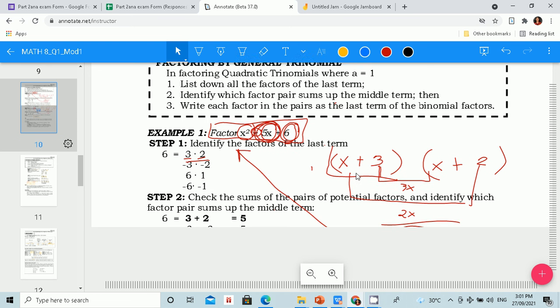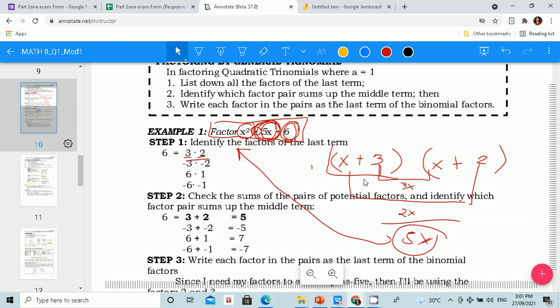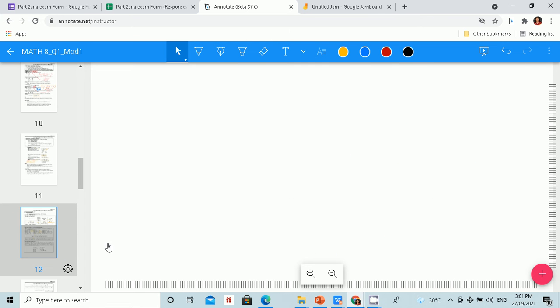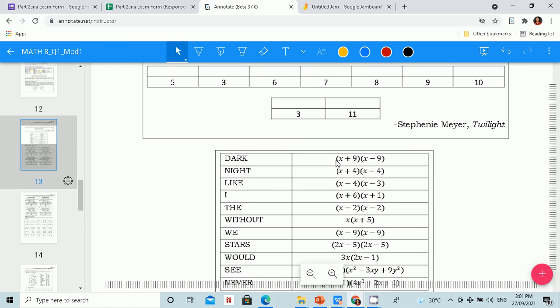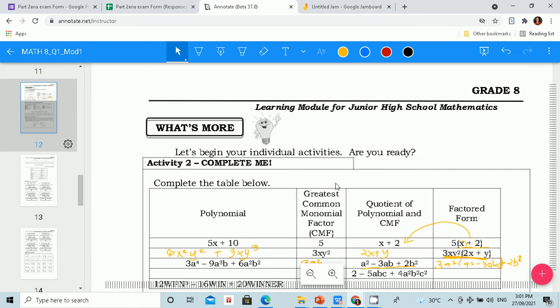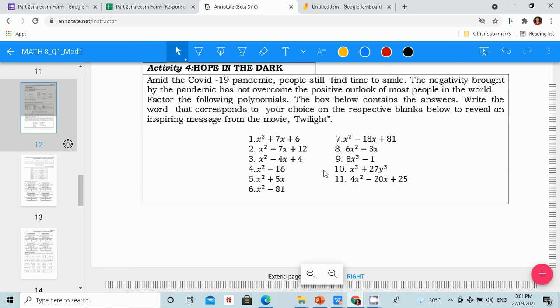Alright, so number one, let's do number one class. We have x squared plus 7x plus 6. So if we have this form, we will write that one into 2, and then we will use the FOIL method.